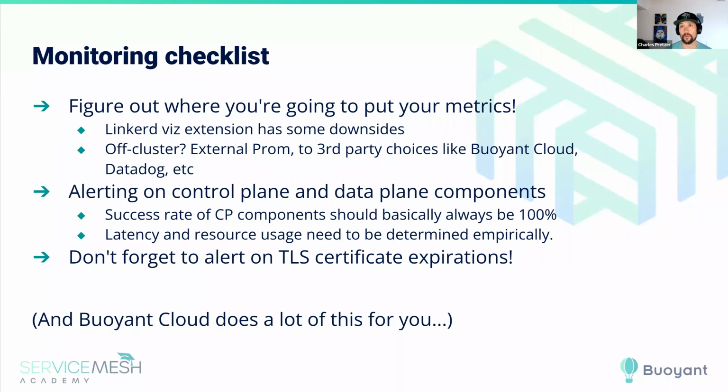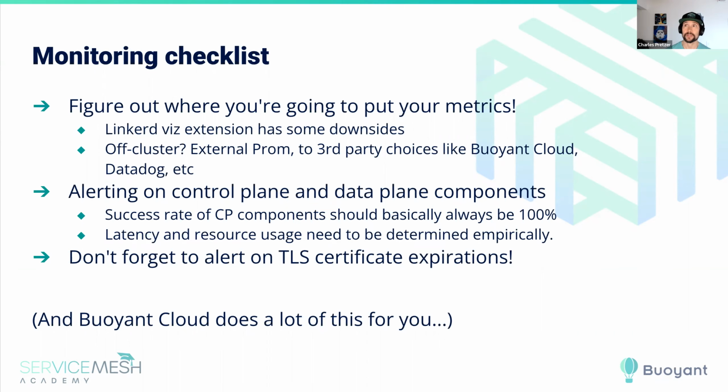And so one of the things that we want to make sure that you're doing is figure out where you're putting your metrics. You can put them into an off-cluster resource like an external Prometheus, either cloud hosted or one that you run yourself. Or there are plenty of third-party choices like Buoyant Cloud, Datadog, New Relic.